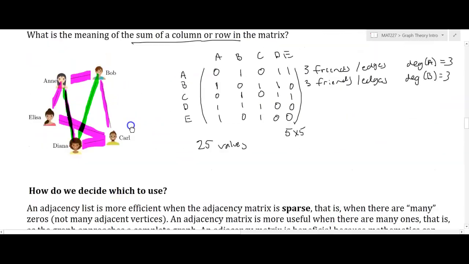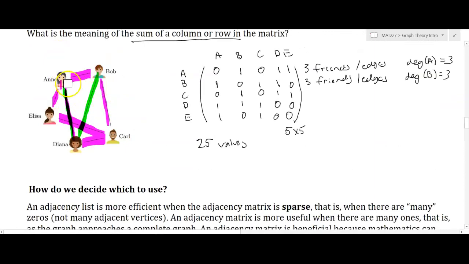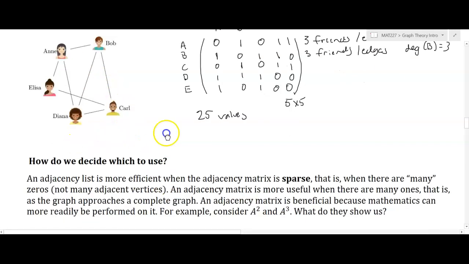Let's see if we can see that. So I could go Ann to Carl, and we're saying there are paths to get there in length 3. So we could go Ann, Diana, Bob, Carl. There's 1. Or we could go Ann to Bob to Diana to Carl. That's the second one. Pretty cool.